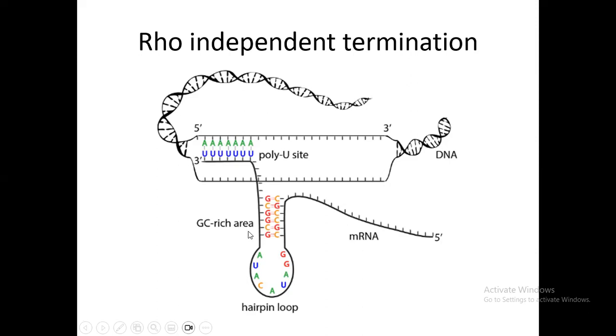Once the RNA has fallen off, the RNA polymerase cannot continue, and this leads to transcription termination. Since no other protein factor is required here, it is also known as rho-independent transcription termination.